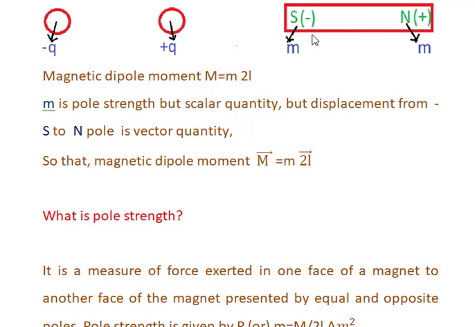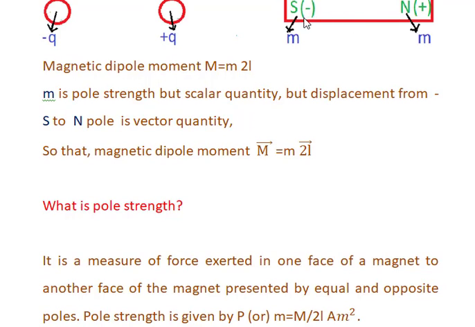South is the negative, north is the positive pole. So the pole strength small m is given by capital M divided by 2L. Capital M is the magnetic dipole moment, and it is divided by 2L, the distance separating the poles.